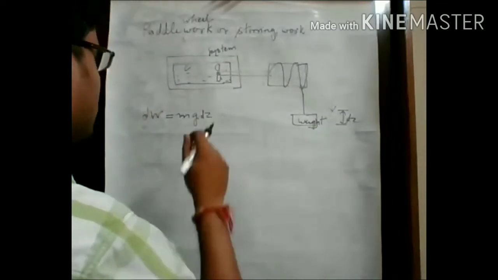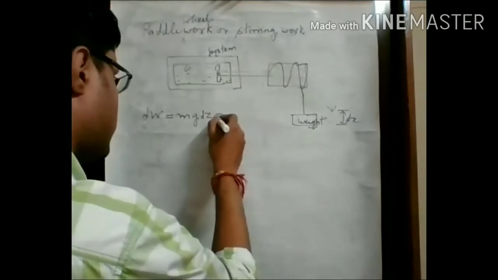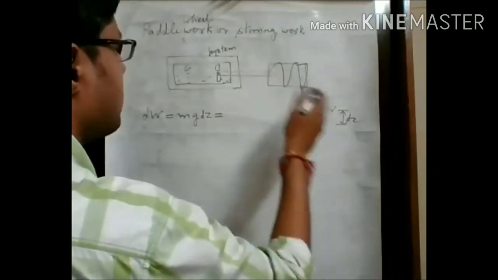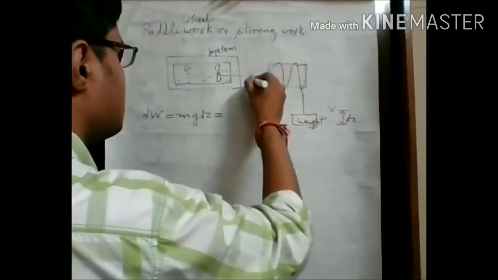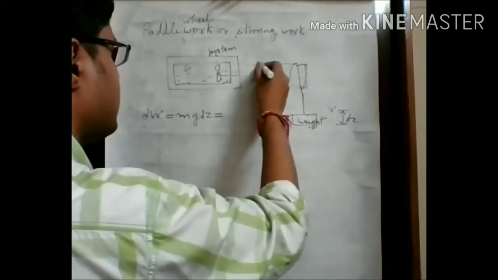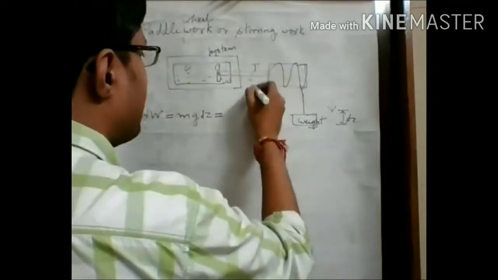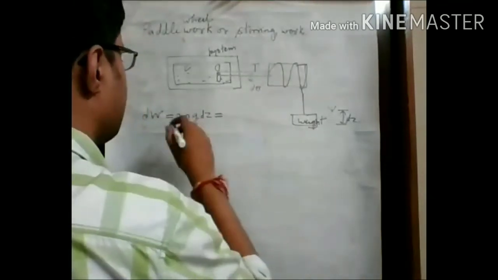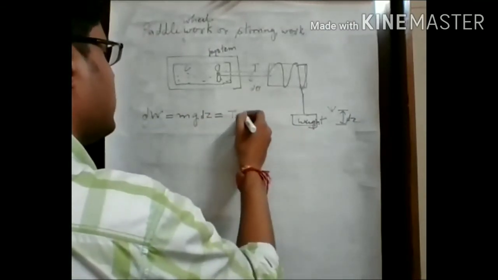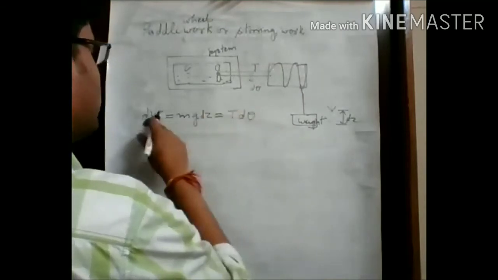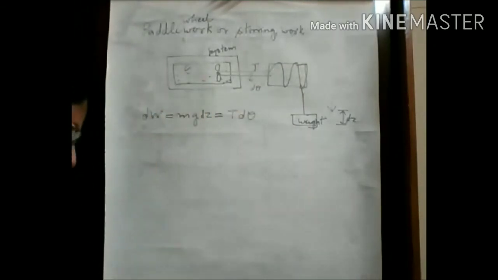Due to this downward motion, the shaft is rotating, that's why some torque T is generated. So if due to this torque, the angular twist is d theta, we can write mg dz, that is equivalent to T d theta, and that is equivalent to dW, the paddle work inside the fluid.